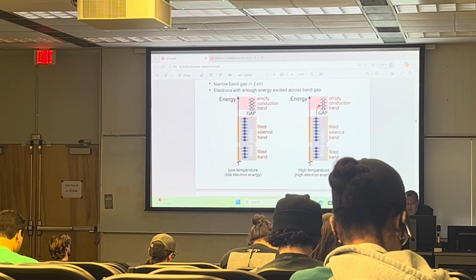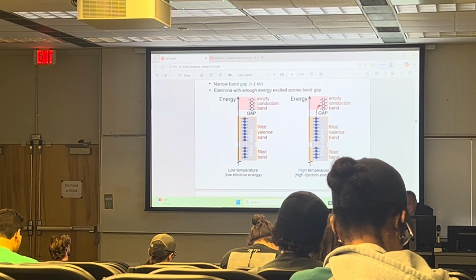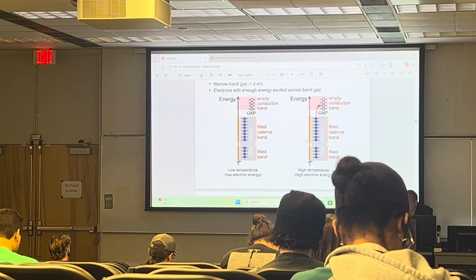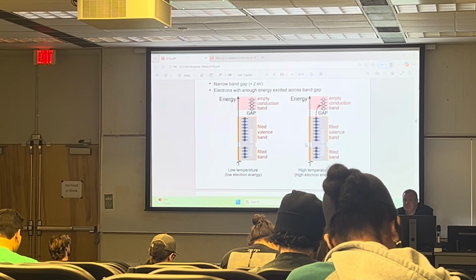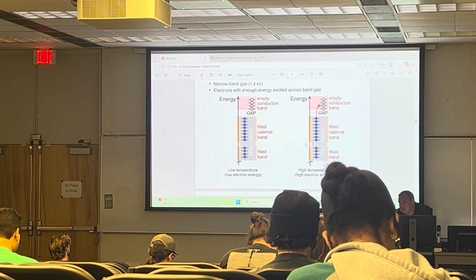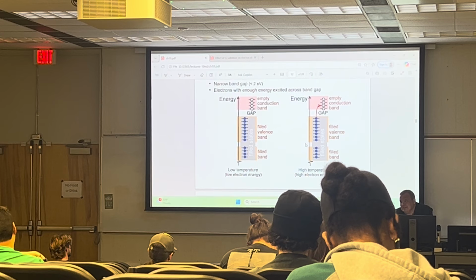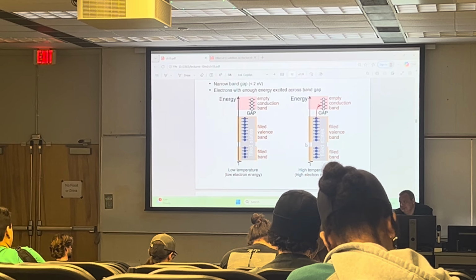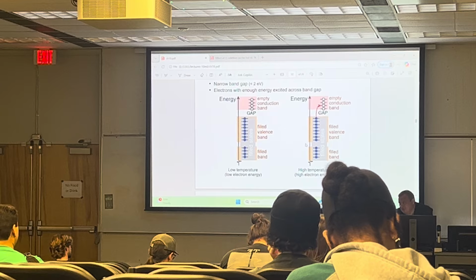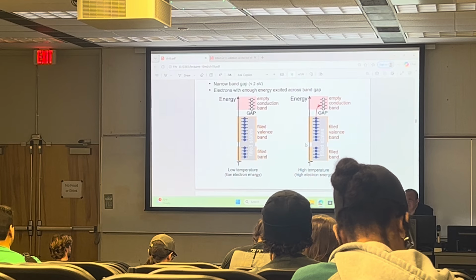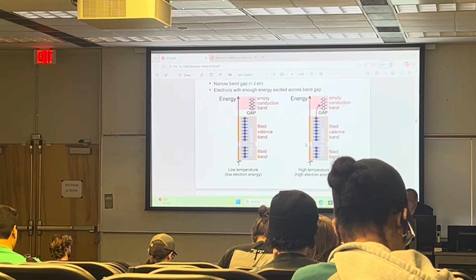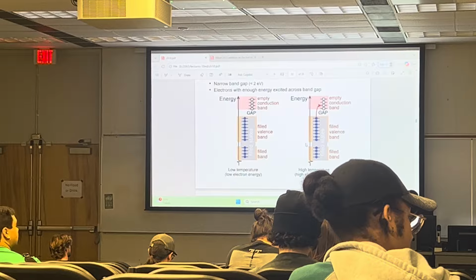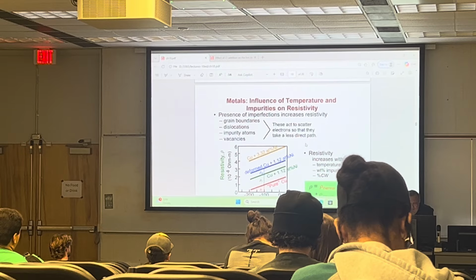And there are low electron energy at lower temperature, and there's a high electron energy at high temperature. Remember, because everything depends on the temperature, and we learned in this class that this dependence is exponential. Right? That magic EXP, the E is E to whatever power. Okay.